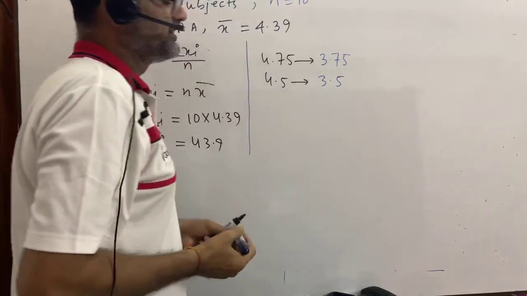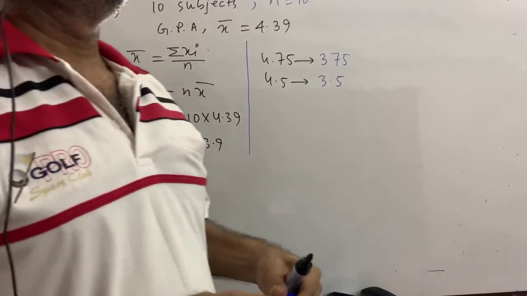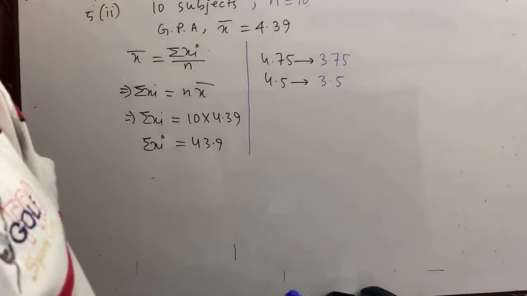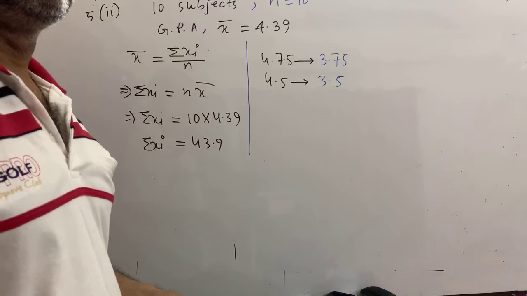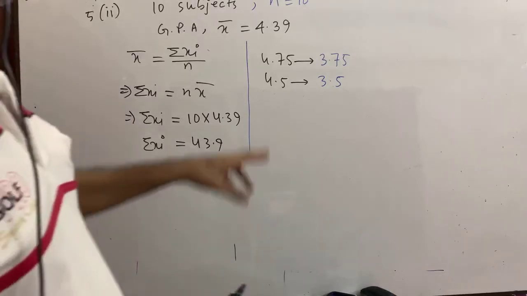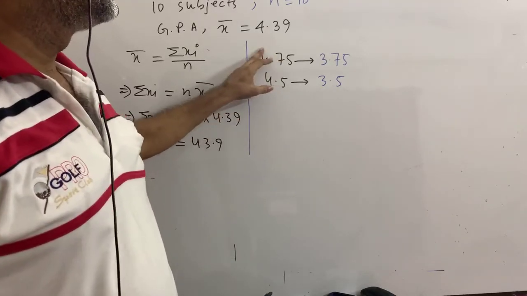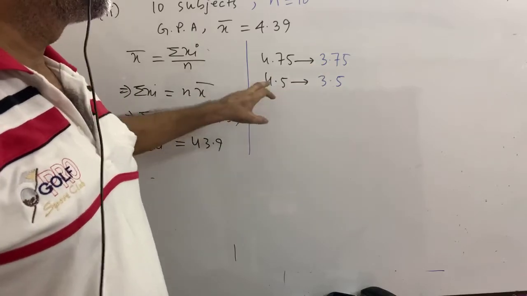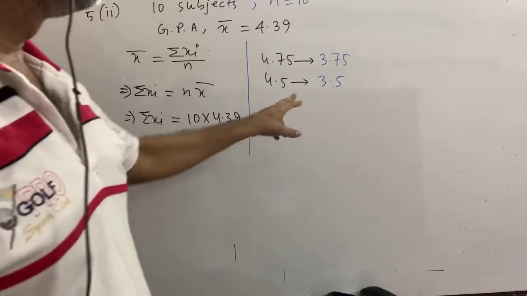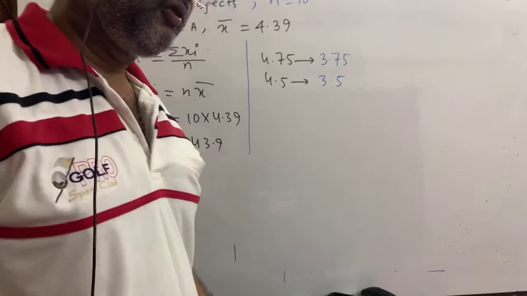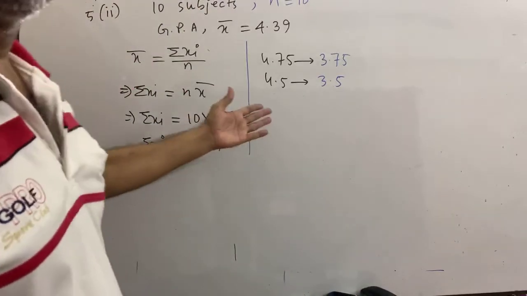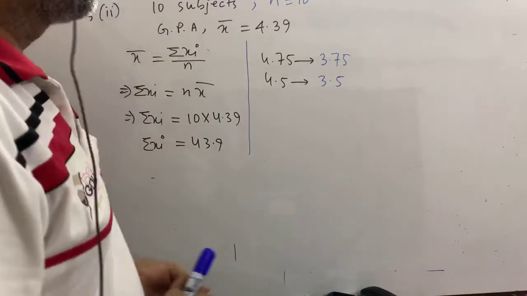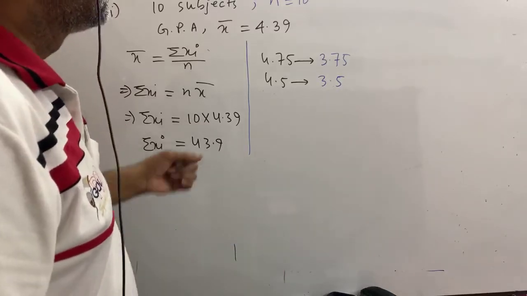Dear students, it's really very normal that sometimes the computer operator or the computer analyst makes mistakes, right? It is 4.75. For 4 he wrote 3. It is 4.5. For 4 he wrote 3. Maybe, it may or may not be, whatever it is, we have to do the maths.